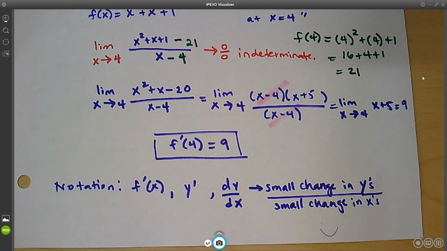But dy dx is saying it's a really tiny change. So that means your 2 points are really close to each other. So it is the instantaneous rate of change. Okay, so we'll keep on practicing those. You're going to see me just kind of picking one and using it, but they all mean the same thing. Find the derivative.